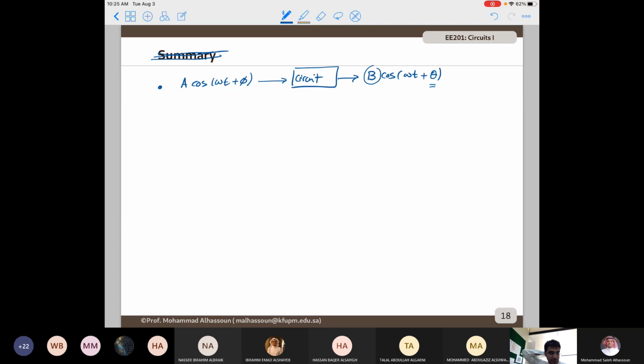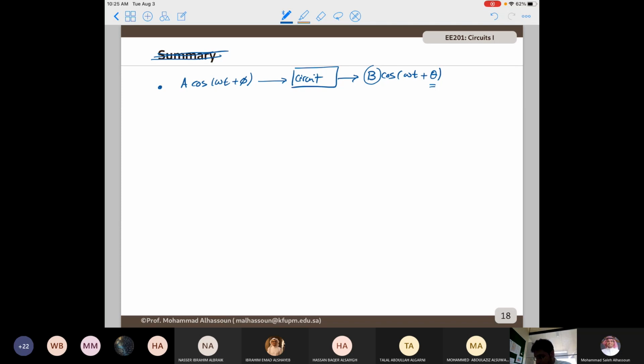So instead of writing everything in the time domain, where we have things that are fixed and things that are changing, let's write it in a more compact way, to capture the things that are changing.